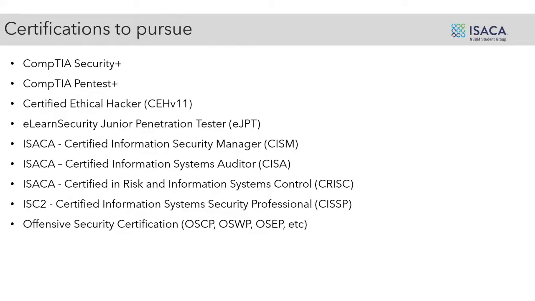Then you should go for the Certified Secure Software Lifecycle Professional, CSSLP, from ISC2. Or if you want to excel and have a strong background in pen testing, definitely start with EJPT.